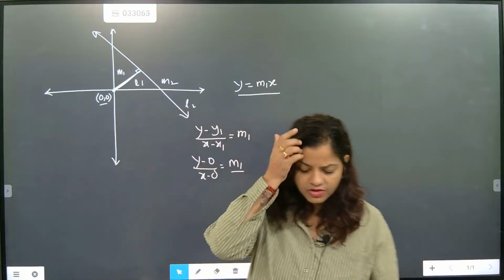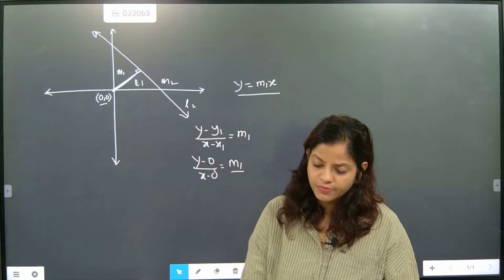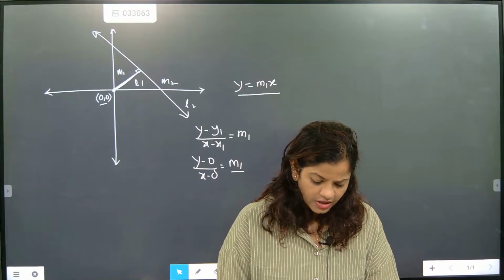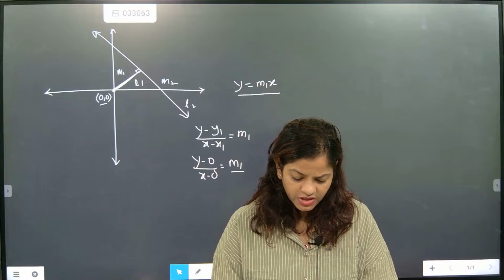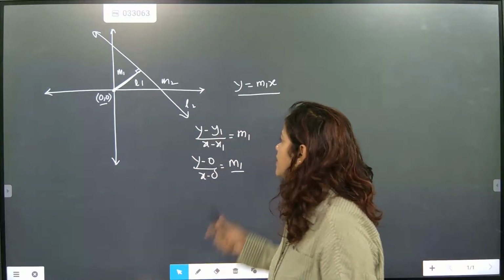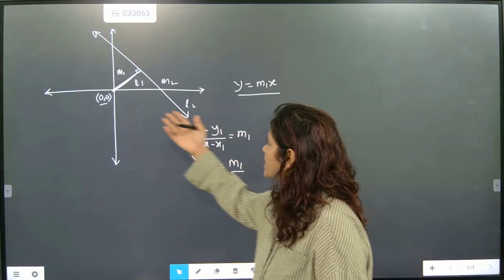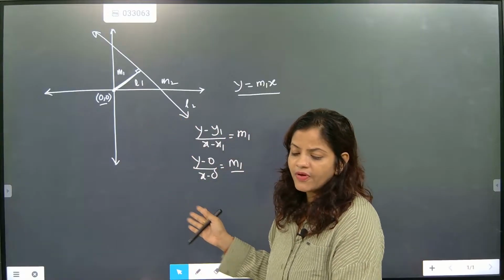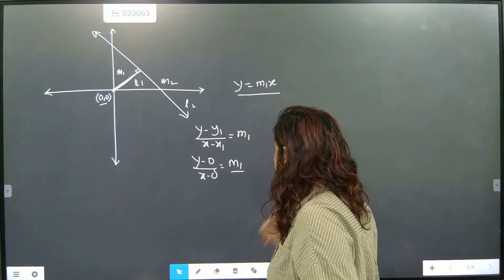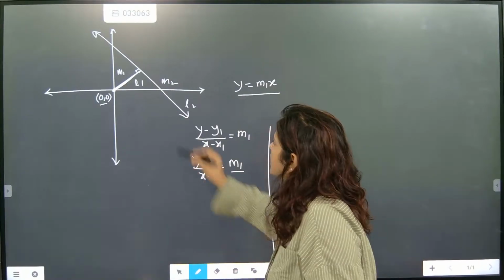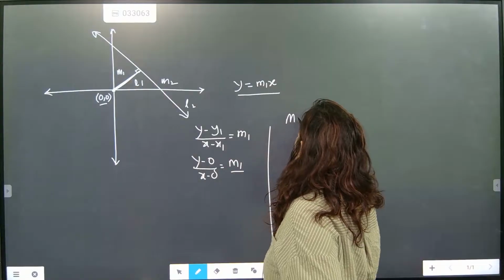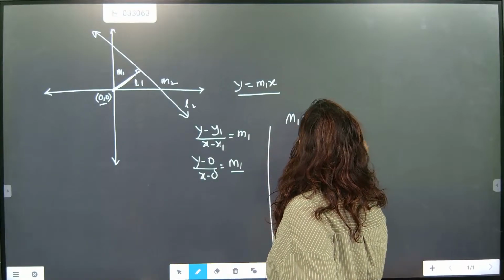Okay, so this is exactly one equation we are checking for writing. But this is not the end. We are going to solve some most important questions here, so please note down these sections. Here the intercept equation is also there. When we write M1, with the help of M1 we can get M2. This is the most important section we are going to study in straight line. M2 is the slope of this line, and we know that M1 into M2 is equal to minus 1.